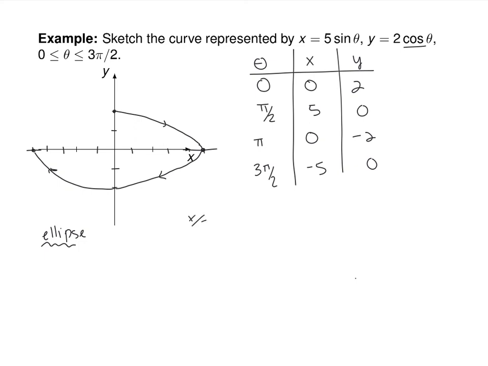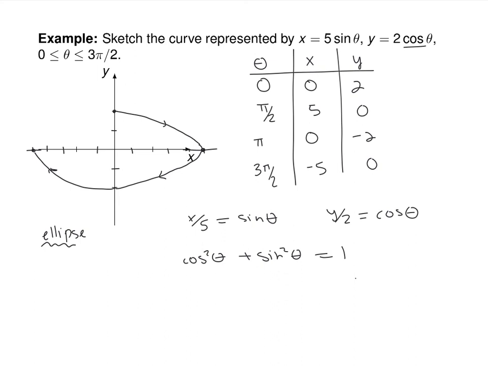We know that x over 5 is sine theta, and y over 2 is cosine of theta. And then use your favorite trigonometric identity that says that cosine squared theta plus sine squared theta must equal 1. And input the things that you know.